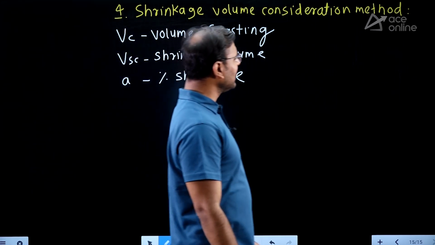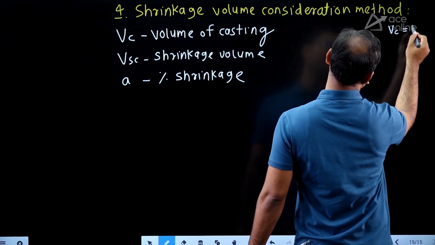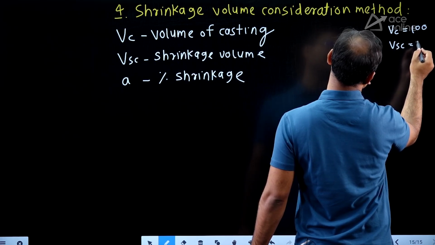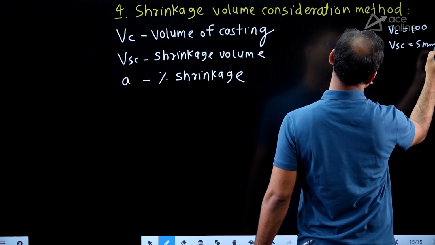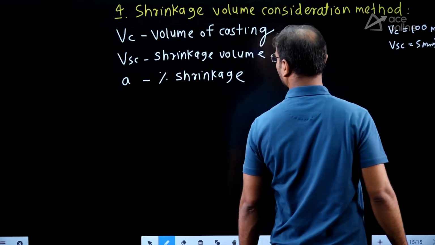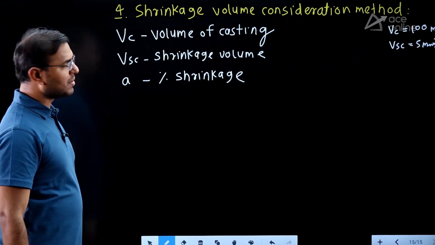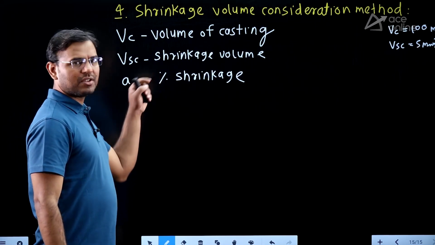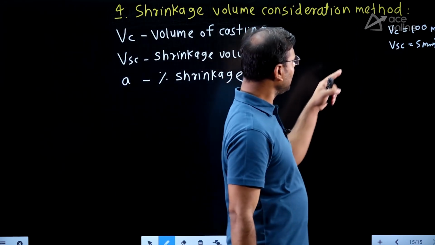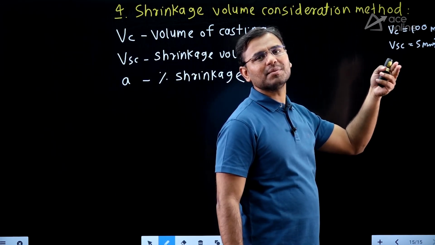Shrinkage volume, just see, I am telling one example here. If the volume of casting is 100 and the shrinkage is 5 millimeter cube, then this shrinkage volume is 5 millimeter cube. Understood how the shrinkage volume? Then guys, it is the percentage of shrinkage. Means if the percentage of shrinkage is 5%, then I do 5% into Vc, means 100 into 5 by 100.